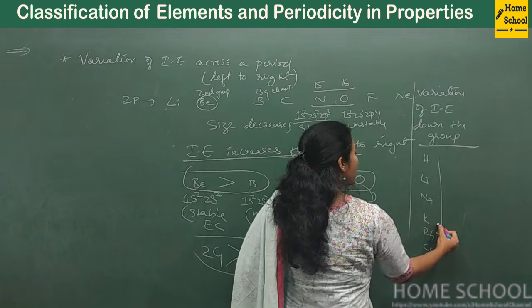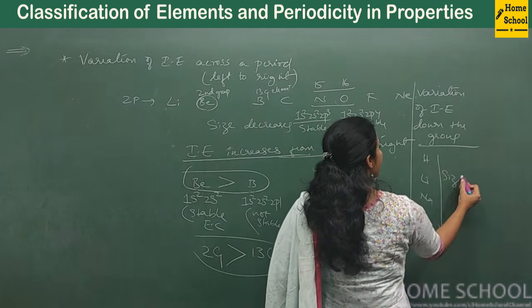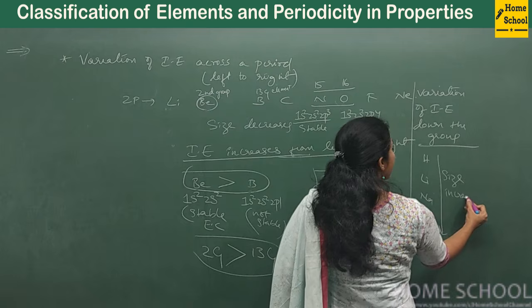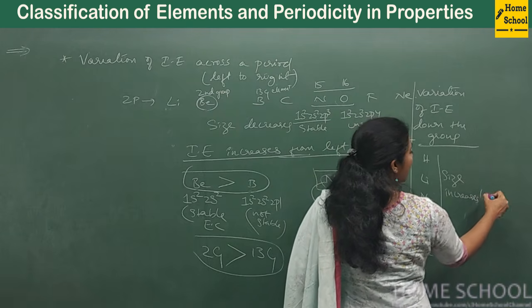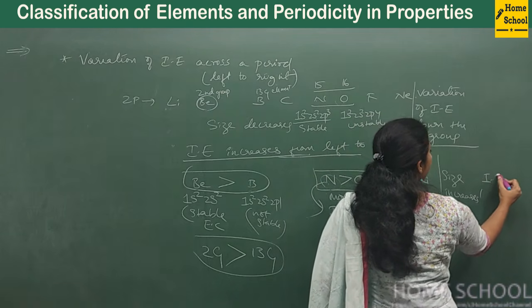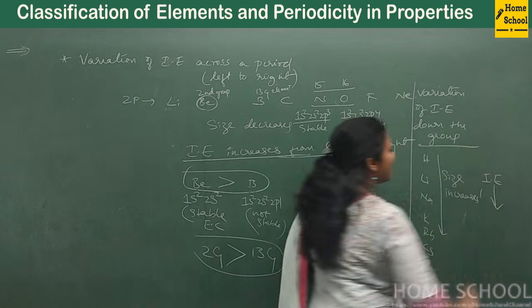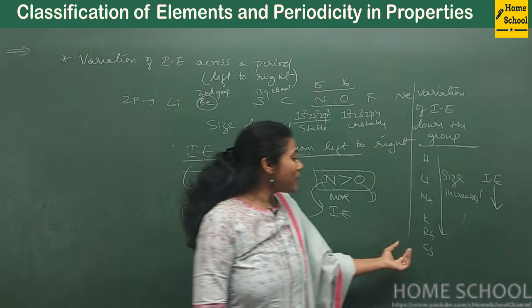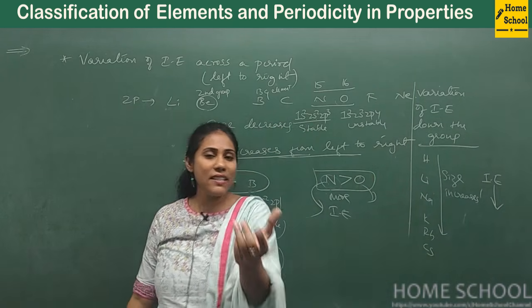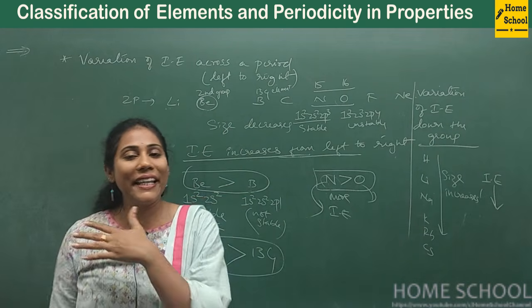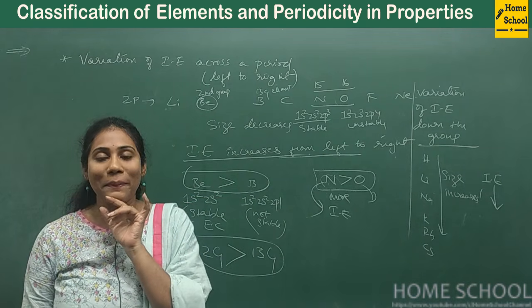As you go from top to bottom, what will happen to size? Size will increase. So if size increases, what will happen to ionization enthalpy? Ionization enthalpy decreases. So cesium has the least ionization enthalpy of any other element in the periodic table.